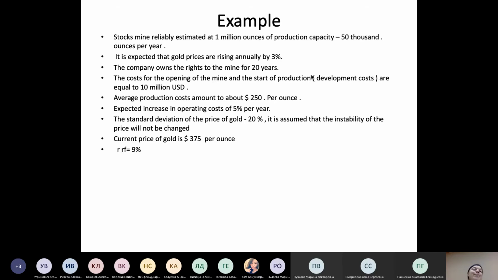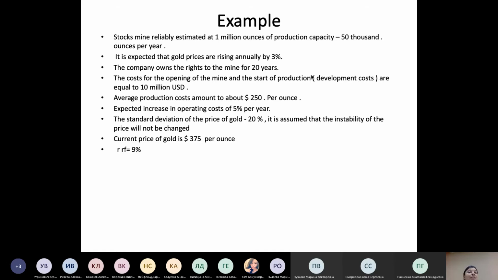And certainly we have to make a conclusion about this project, and we have to calculate the net present value of this project. First of all, I have two questions. The first question is the following: what difficulties could we meet in this task?